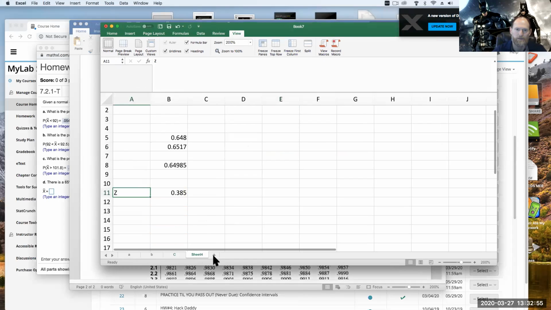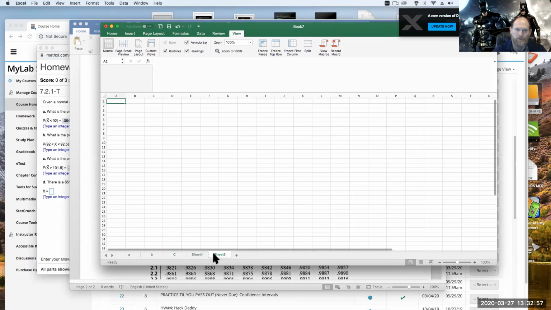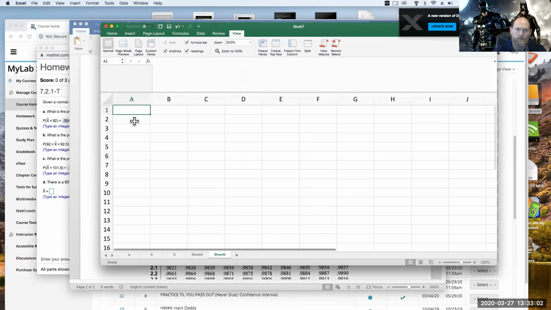Let's go over here, and let's get bigger. So, Z, sigma, square root of n. Cheat a little bit. I know I shouldn't do this.